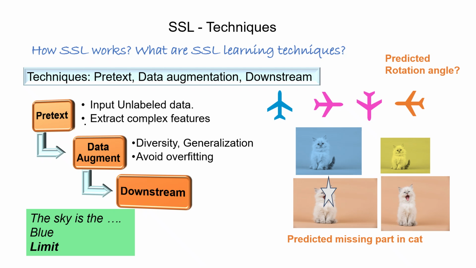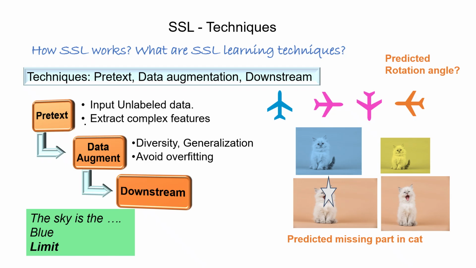But how does pretext understand the missing part in an image or the missing part in the text? The missing parts of an image are identified through augmentation. Augmentation helps in generalization of the data. Data augmentation increases diversity in the data.